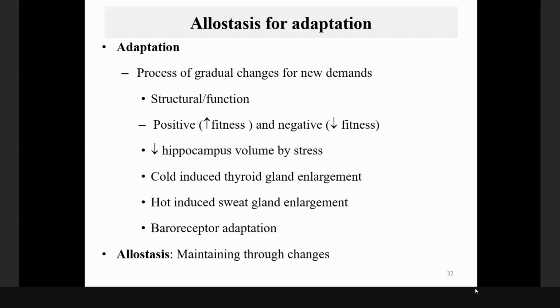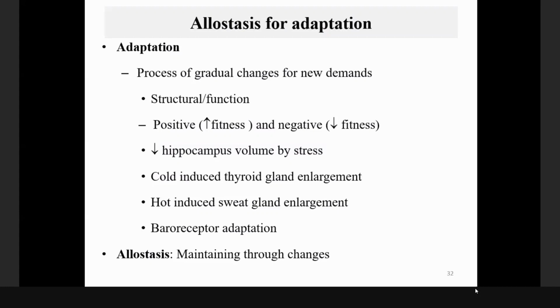During that process, structural and functional changes are made. Those structural and functional changes made in our body can be positive, and those increase our fitness for that environment. That environment may create new demands, because the bioavailability of oxygen in that environment is a bit less, so there should be structural and functional change made in the body.